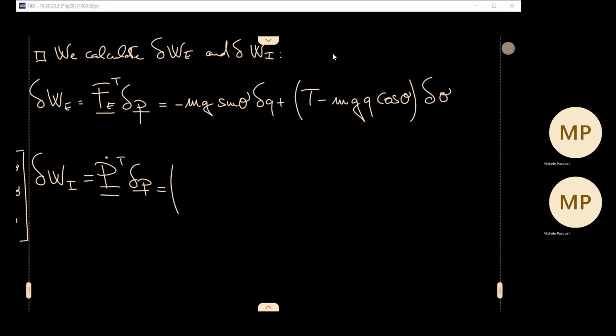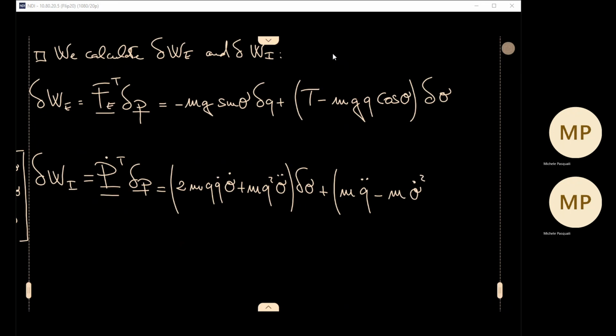Well, again, it's 2 m q dot theta dot plus m q squared theta double dot multiplied by delta theta, plus q double dot minus m theta dot squared q applied to delta q. Okay?